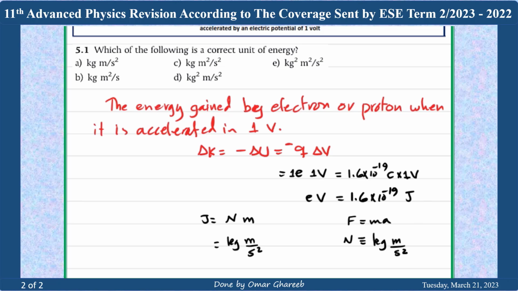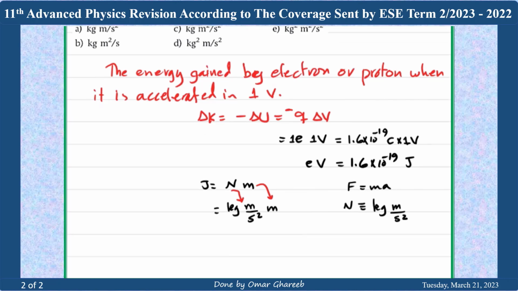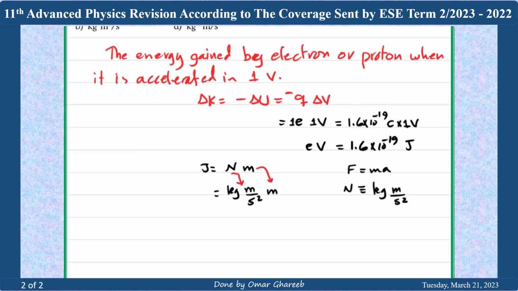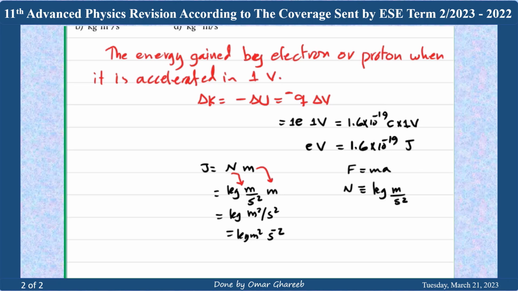Joule is 1 Newton multiplied by m, a meter. Then the joule is kilogram meter squared per second squared, or kilogram meter squared second to the minus 2.